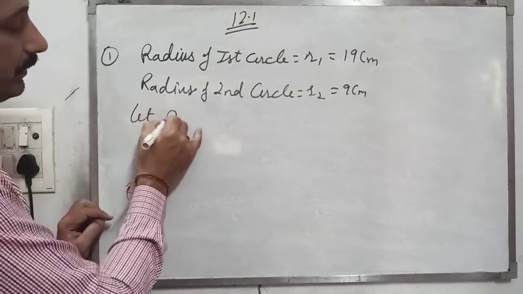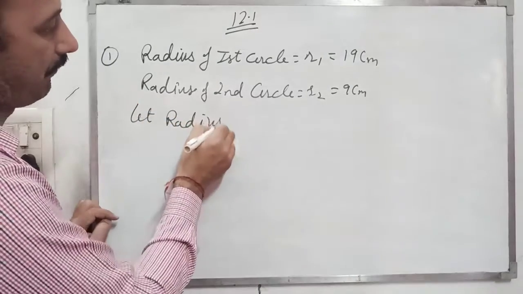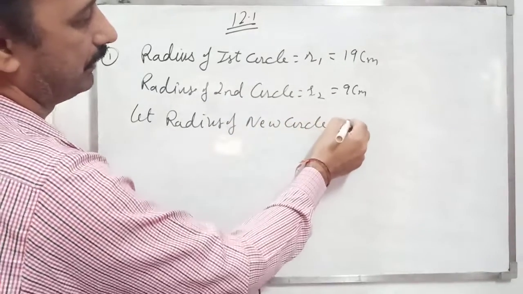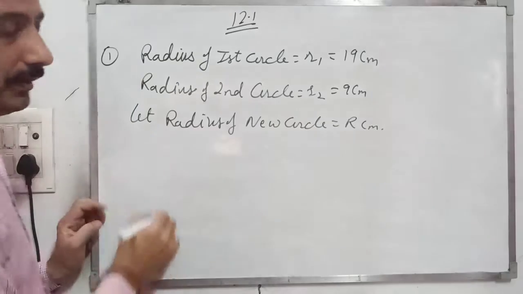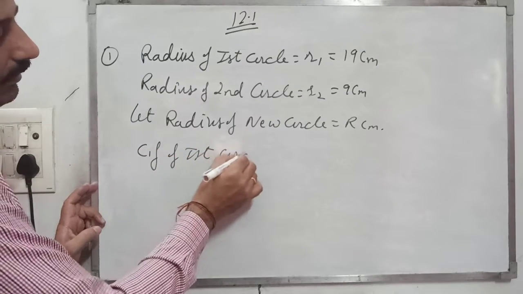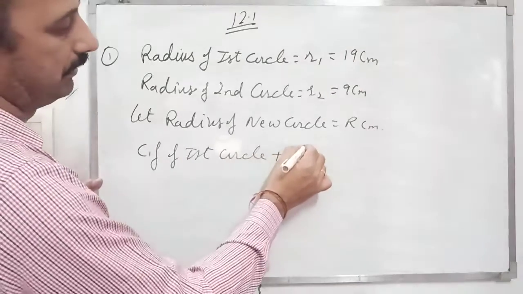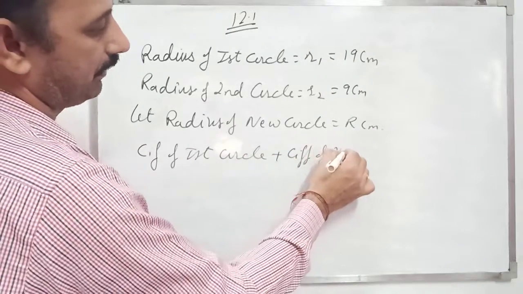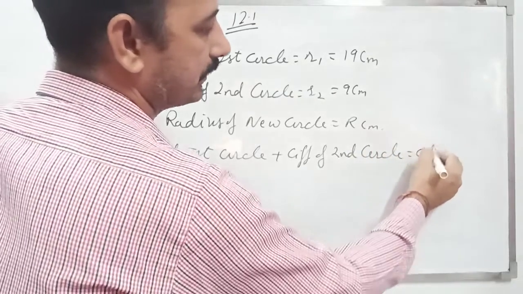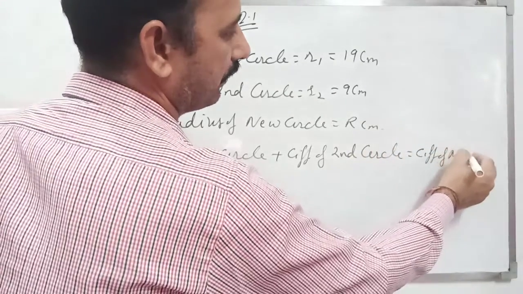Let the radius of the new circle be r centimeter. So circumference of first circle plus circumference of second circle is equal to circumference of new circle.